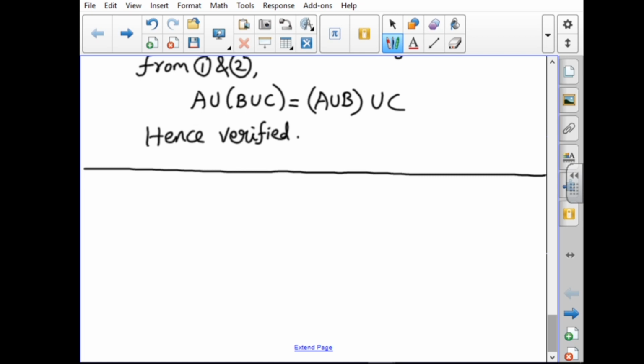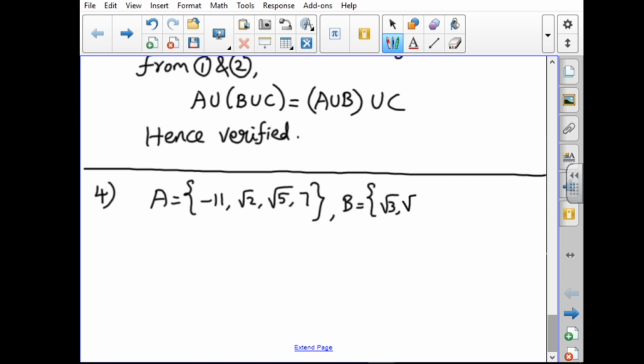Next, question number 4. Verify the associative property of intersection for the sets A is equal to {-11, root 2, root 5, 7}, then B is equal to {root 3, root 5, 6, 13}, and the C set is {root 2, root 3, root 5, 9}.